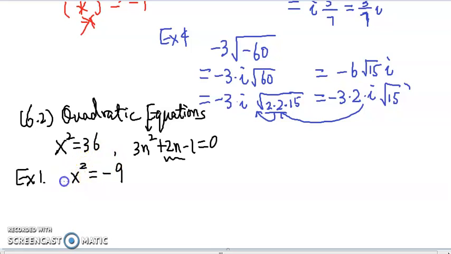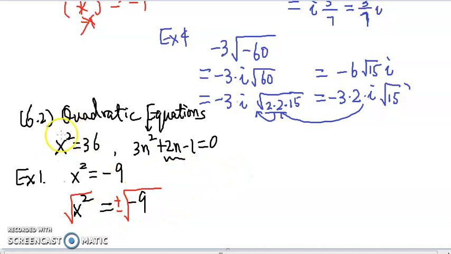But when you take the square root, make sure you put a plus or minus on one side of the equation, because when we take the square root, we always get 2 answers.